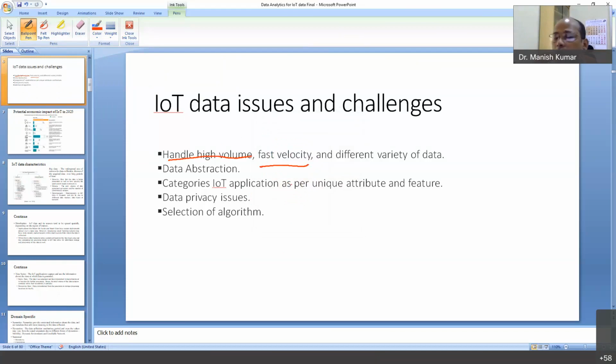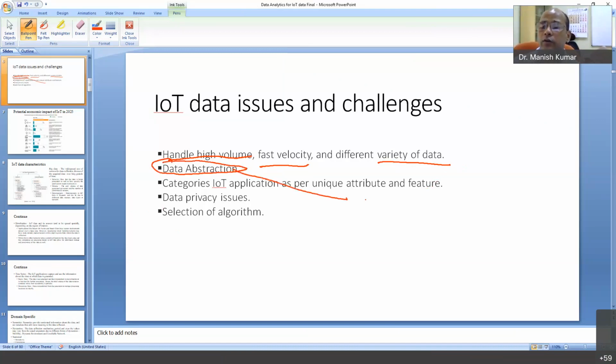We are also experiencing high velocity of data and a different variety of data. It could be multimedia data like video and images, it could be numeric data, it could be data of different types. Okay.